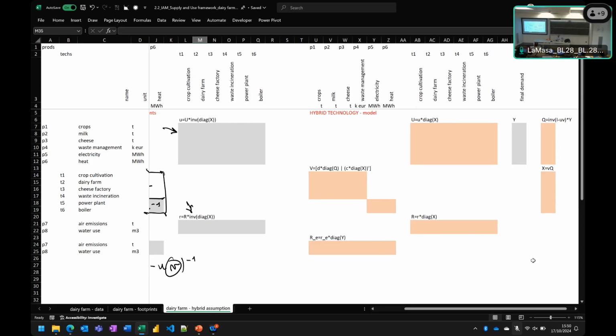Just pay attention because the make matrix, this block here is calculated as D times the diagonal of Q, while this other block is C times the diagonal of X, all transposed. Because I defined a cluster of technology as a function of product supply and a cluster of technology as a function of technology activity.